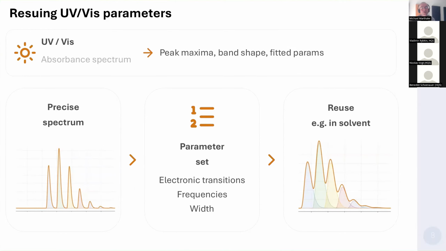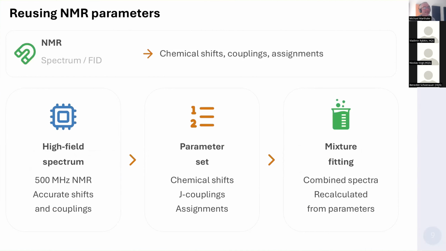For example, if the line width of your spectroscopy increases for various reasons, maybe also measurement-device-dependent reasons. This is one case. And the other case is nuclear magnetic resonance, where, for example, you can take single compounds and extract very precisely their spectrum, and then extract parameters from that and reuse this later, for example, in automated analysis of mixtures.